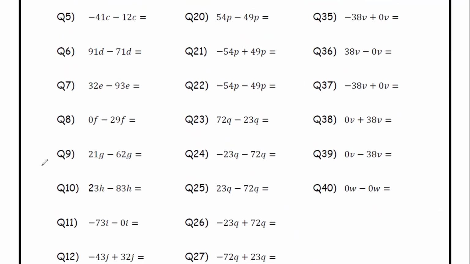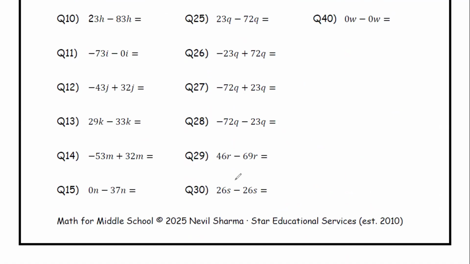Okay, there were two more questions I missed, 29 and 30. Out here the difference is 23r and it will be negative. Out here the outcome is 0 because they both are the same. These are called binomials, because two monomials in the same expression become a binomial.